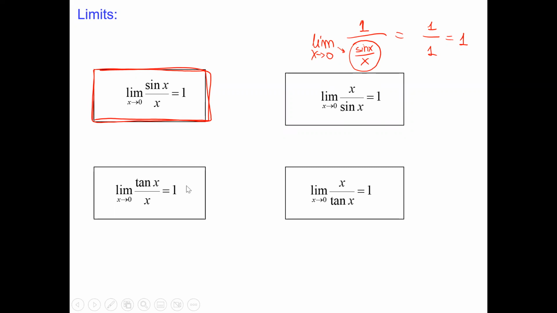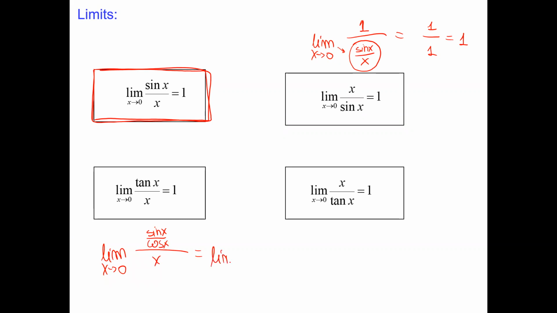And when we think about the other trigonometric function, tangent, it also holds this property. If somebody asks why tangent of x over x, tangent is sine of x over cosine of x, over x.